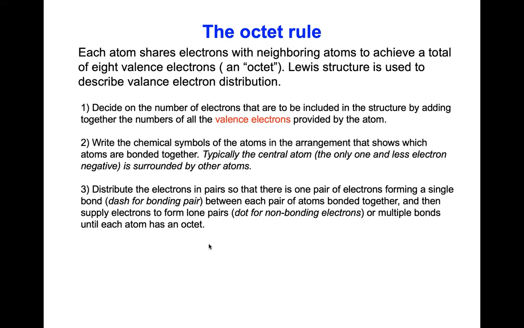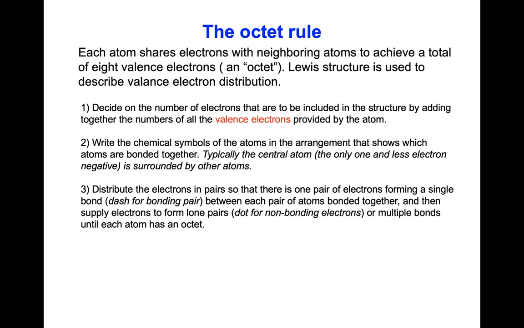Okay, and then when we draw the Lewis structure for a compound, if there's a bond between the central atom and a non-central atom, then we use a dash, a short line, to represent a bonding pair. Okay, bonding pair. Then you will see there are also additional valence electrons in the central atom or non-central atoms.